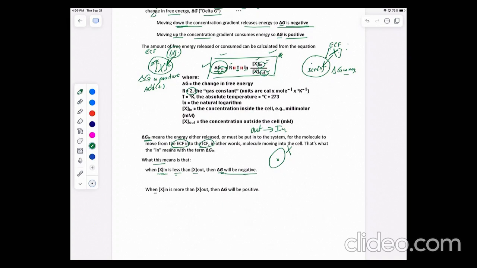Or when X in is more than X out, then the delta G will be positive. So I got X in bigger, out smaller, then I know my delta G is going to be positive, which means if I want to move that X in there, I'm going to have to put energy into that system. Okay, so those are some foundational concepts that I want you to think through, to make sure you have a basic understanding here.